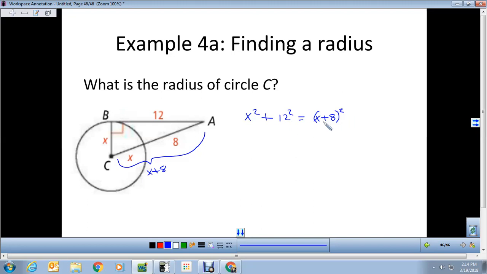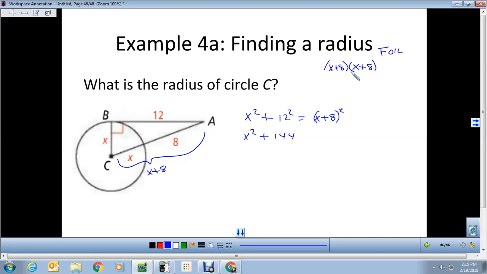Now, when you square all of these, x squared we know how to do, 12 squared is 144, but x plus 8 squared is x plus 8 times x plus 8. So we're going to use the FOIL method.